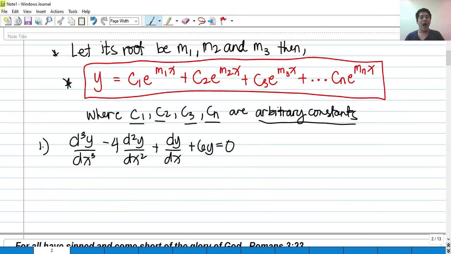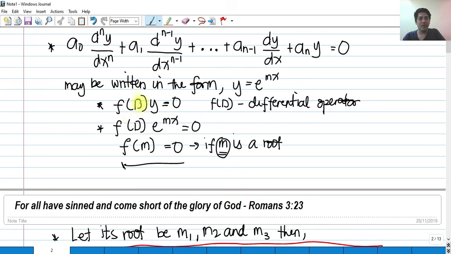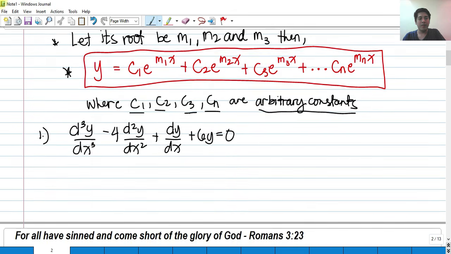So for us to fully understand this, I will give you several examples. So how do we solve this differential equation? We have the third derivative of y with respect to x minus 4 multiplied by the second derivative of y with respect to x plus dy dx plus 6y is equal to 0. First, we need to convert this into the differential form, f of d multiplied by y.